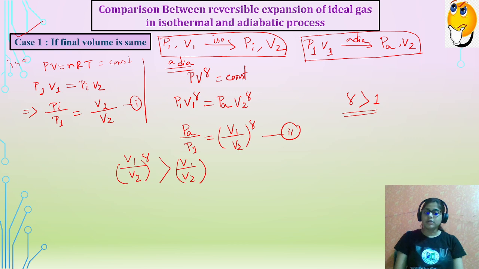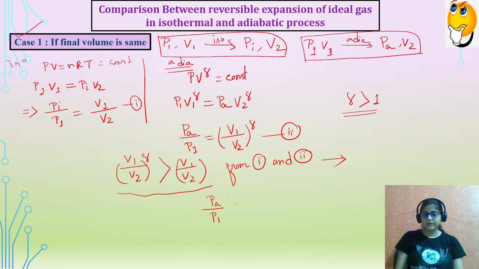So from 1 and 2, we can write that V1 by V2 to the power gamma means PA by P1 is greater than Pi by P1.